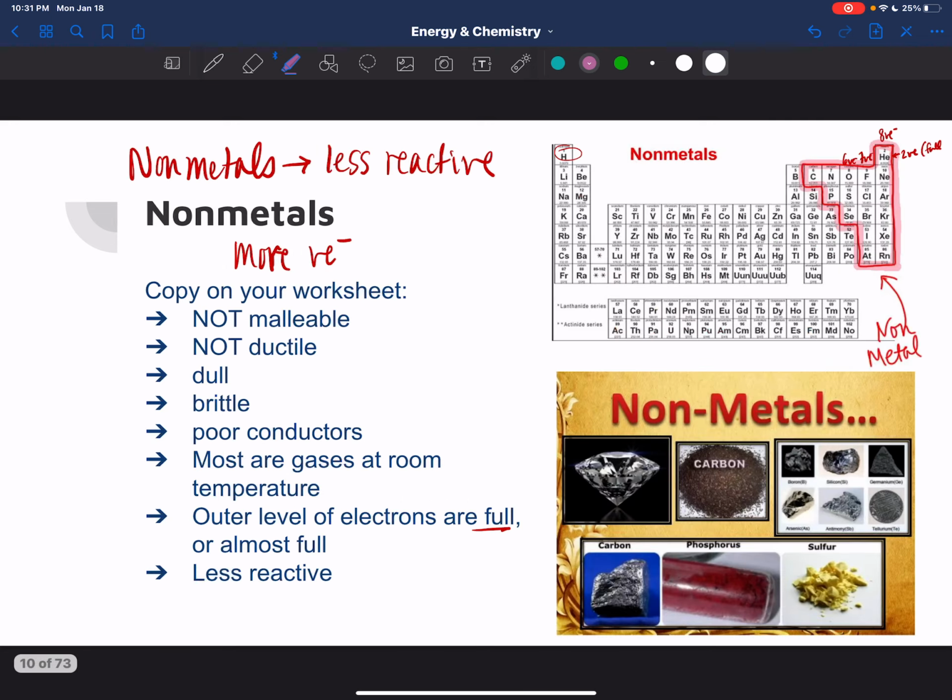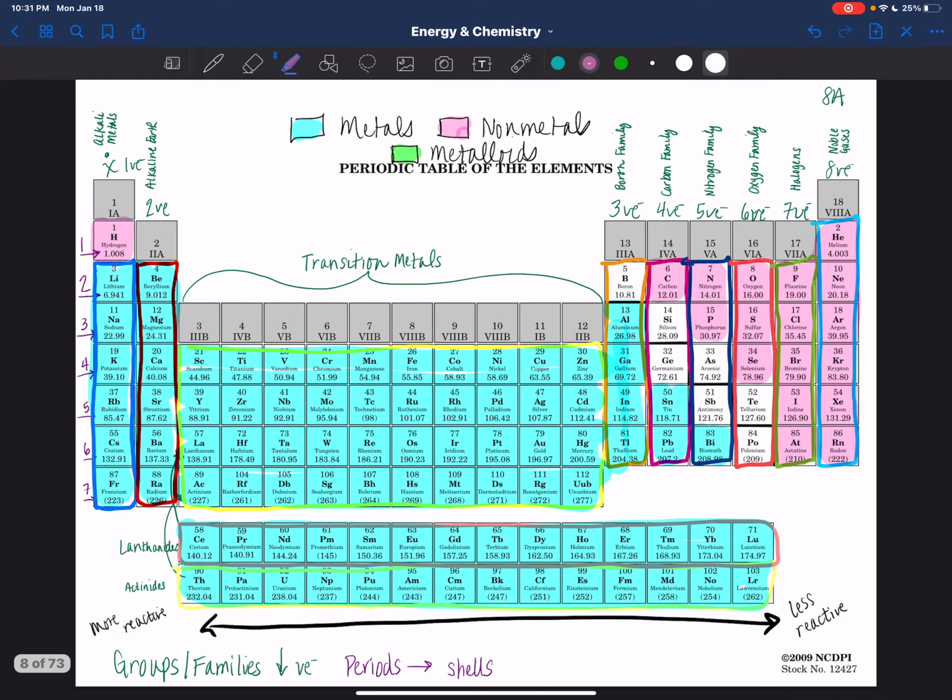So now the metalloids I'm going to show you on the periodic table, and I'm going to make this a little dark here. There's this thing called the zigzag or the staircase, and this is what you're going to look for when you go to find the metalloids.